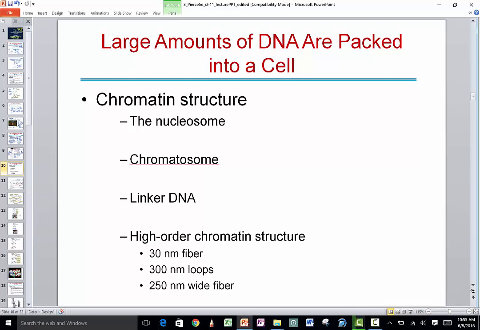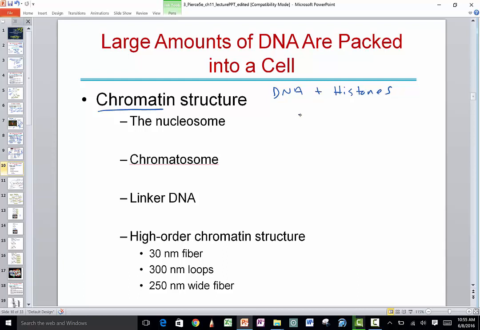All right. So when we're talking about chromatin structure, it's this word chromatin. Chromatin is going to be DNA plus proteins, and those proteins that we're going to talk about are called histones.